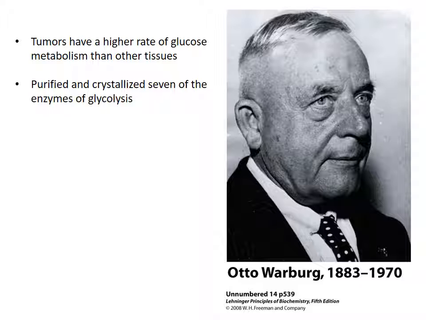He was able to crystallize and purify 7 out of 10 of the enzymes in glycolysis. He came up with a method to directly assess the extent of glucose metabolism. And he was one of the most prominent figures in biochemistry at the beginning of the 20th century.